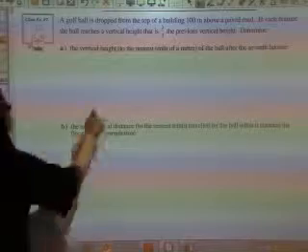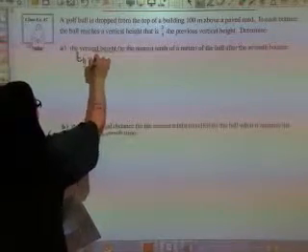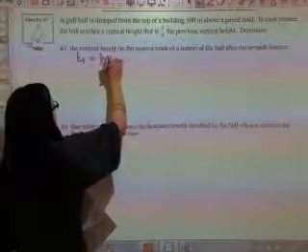So, what should A or T of 1 equal? What would my first term represent? The height after what? Okay, the height after the first bounce.